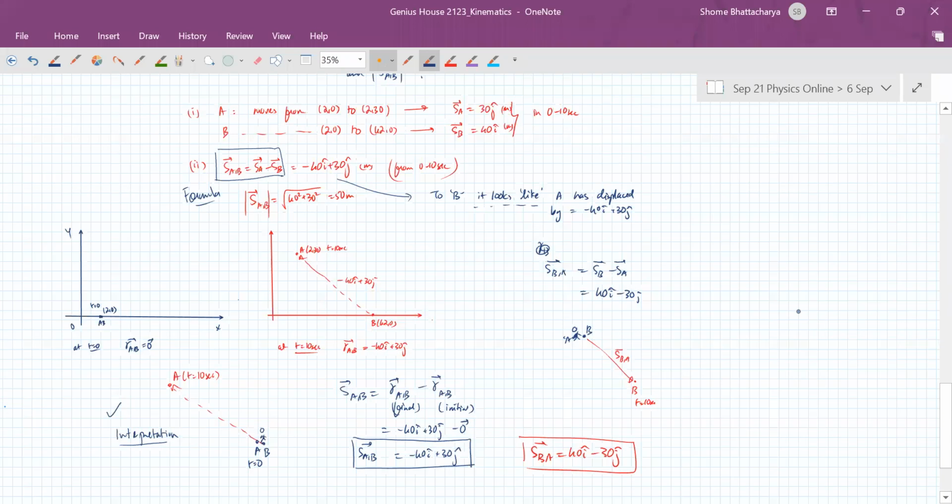As far as B is concerned, A was located right alongside it, but at a later time it's moved to a position where B has to look in that direction to find A. He'll see that A is 40 meters behind him along the x-axis, but 30 meters above on the y-axis. So the relative position has changed from 0 vector to this vector, which is minus 40 i cap plus 30 j cap. So that is the relative displacement.